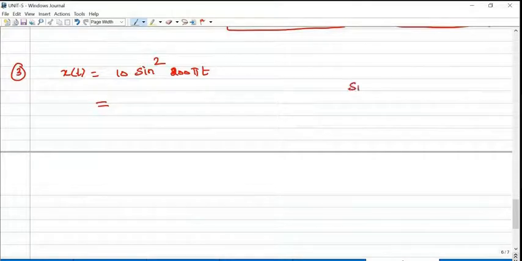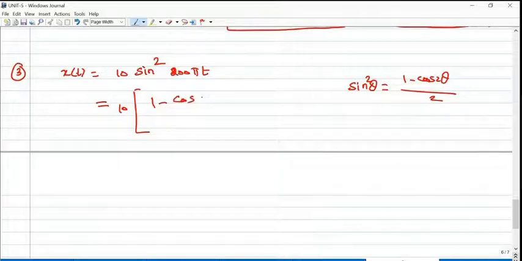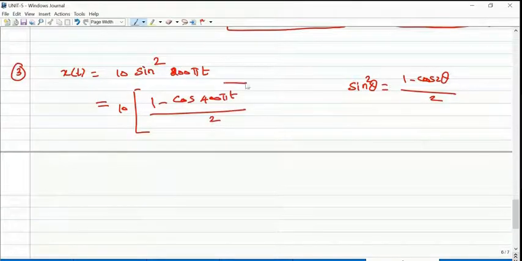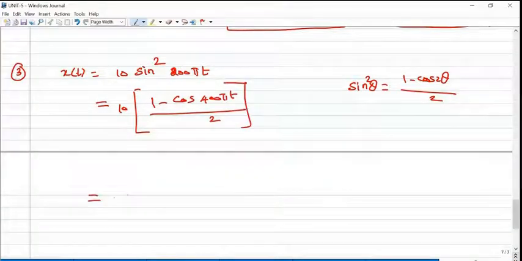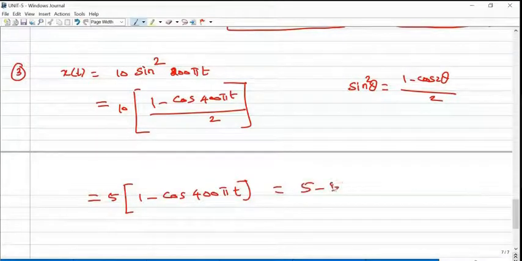So sine square theta is 1 minus cos 2 theta divided by 2. So 10 by 2 is 5, 1 minus cos 400 pi t, or you can represent it as 5 minus 5 cos 400 pi t.